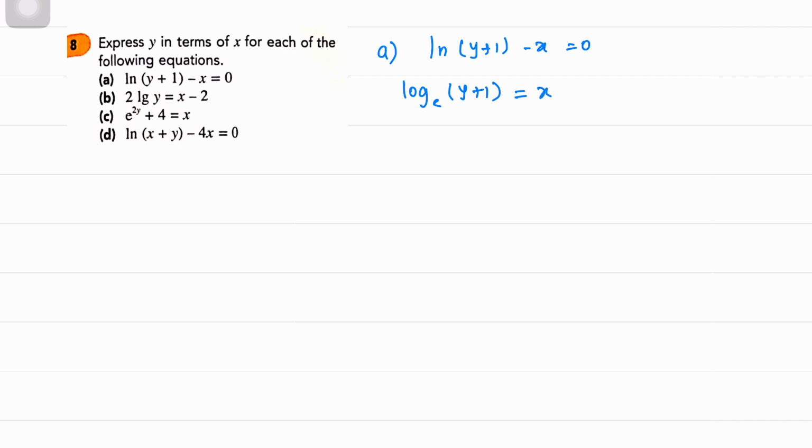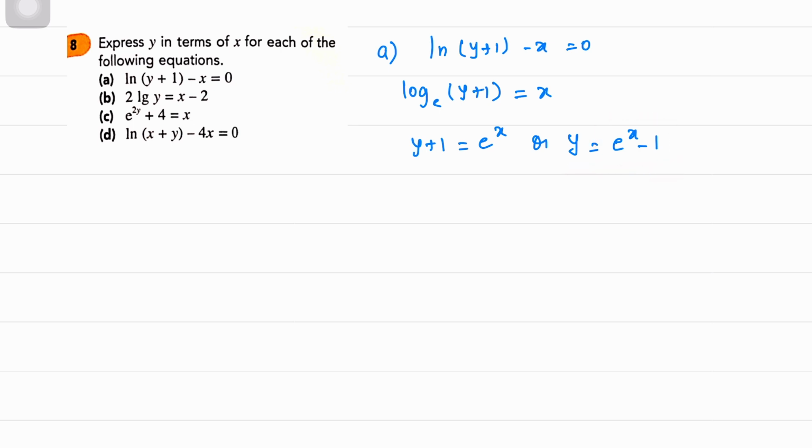We can take this negative x to the right side, and this is y plus 1 equals e power x, or y equals e power x minus 1. So we can bring this plus 1 to the right side and write it as e power x minus 1. So we have a simplified expression of this as y equal to a function of x.